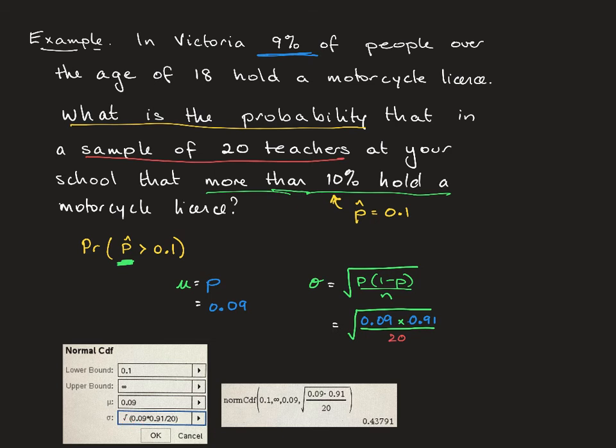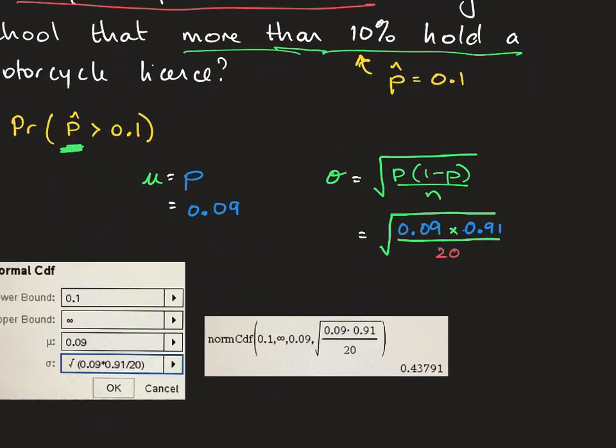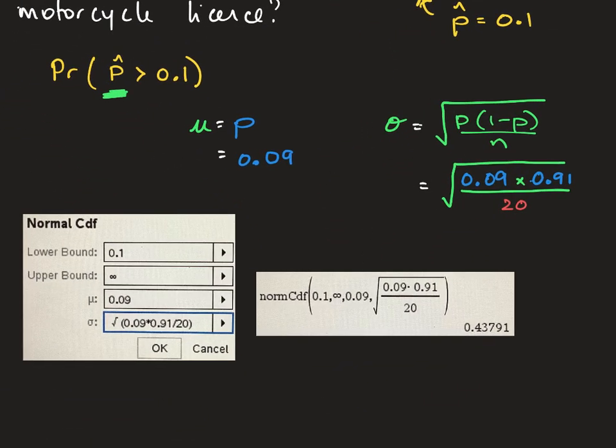And what you just need to be very, very careful of when you do this is, if I zoom in a little bit, you can see that my formula has a bracket here at the start and a bracket at the end, so that it is all square rooted. So the square root takes that bit there, which is what that bit is underneath.